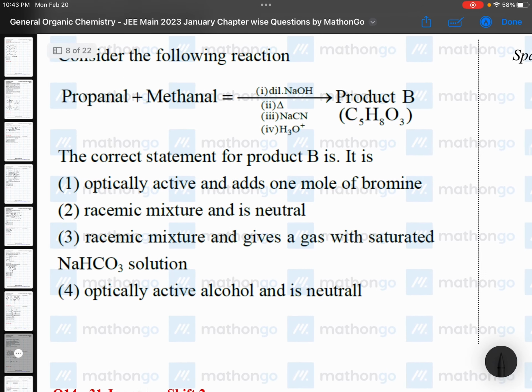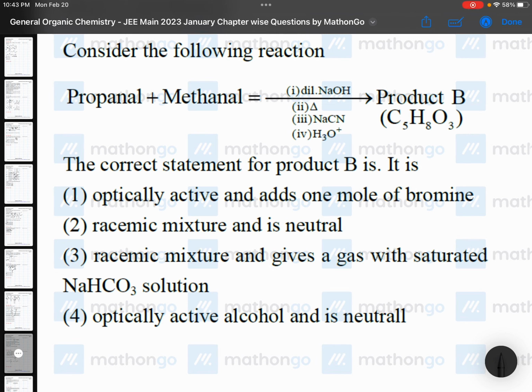Consider the following reactions: propanal and methanol. First dilute NaOH means he is asking about aldol condensation, then heating, then sodium cyanide, then H3O plus. Okay, so how is it going to be?